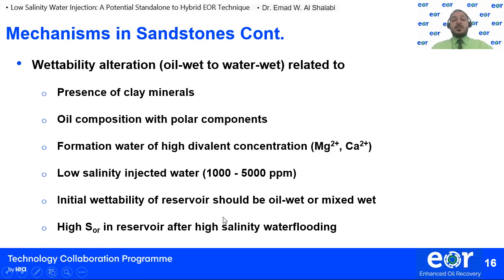Also, the initial reservoir wettability plays a role. Usually the greatest effects were pronounced for oil wet or mixed wet reservoirs. And lastly, high SOR saturation in the reservoir after high salinity water flooding needs to be there, in order to have a more pronounced effect of the technology, as well as to justify the economics of the project.